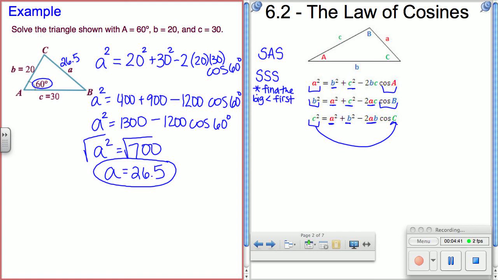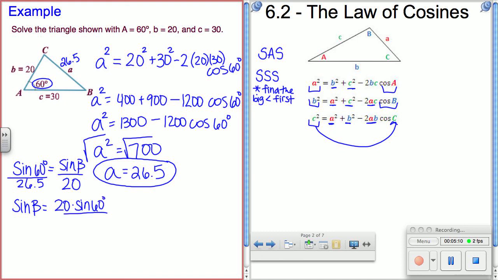So we're going to go back now and use our law of sines. Sine of 60 over 26.5 equals sine of B over 20. So the sine of B equals 20 times the sine of 60 all over 26.5.